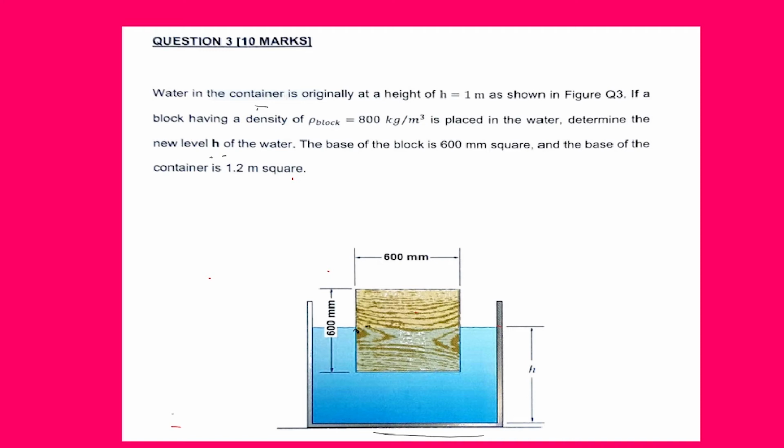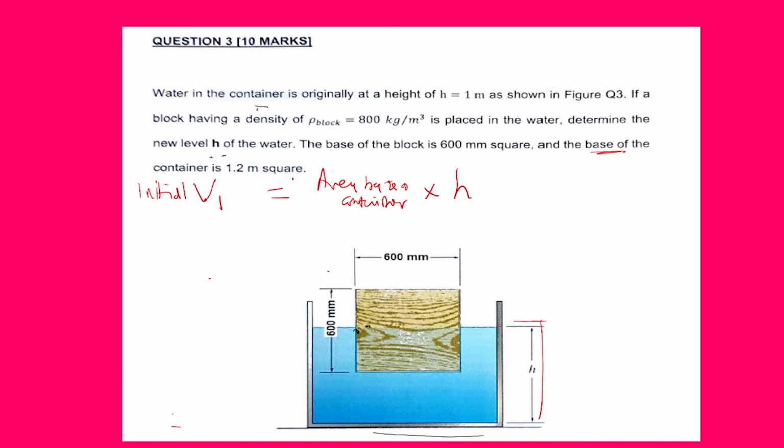Now remember the initial volume of water in a container, let's call it V1, initially, before placing the blocks in the container. The initial volume equals the base area of the container, because we also need to involve this container, times the height of the container, which is this height here.